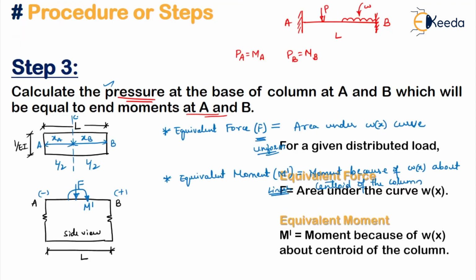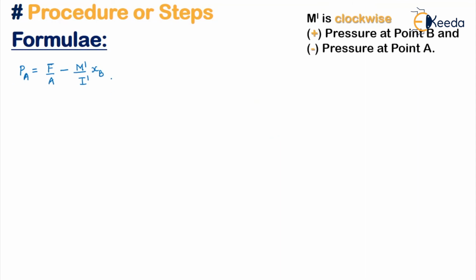We already saw what xb is. So this distance from the centroid to the end B is called your xb, right? So this is your PA value, and coming to your PB value, what will it be? It will be F by A plus m dash by I dash into xa in this particular case. Understood?